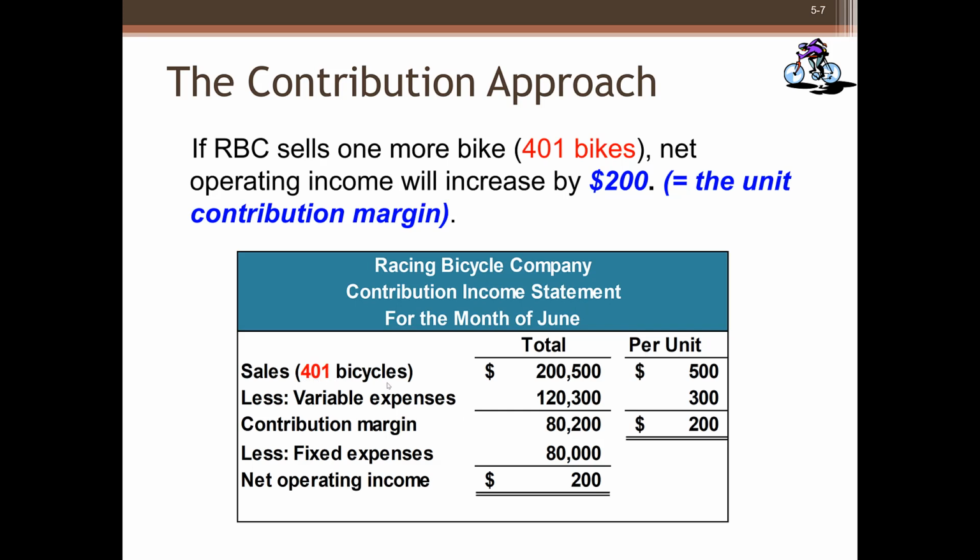So 401 bicycles multiplied by the $500 selling price per unit, minus variable expenses of 401 multiplied by 300, and you get a total contribution margin of $80,200, minus fixed expenses of 80,000. Net operating income is 200. This is the same as the unit contribution margin.